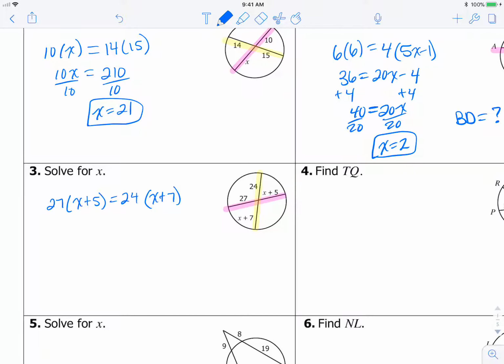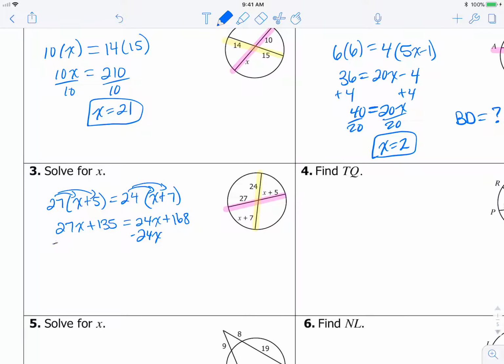So we're going to distribute that in. So this is 27x plus 135 equals 24x plus 168. So remember, when you're distributing, you got to share with everybody. Don't leave anybody out.